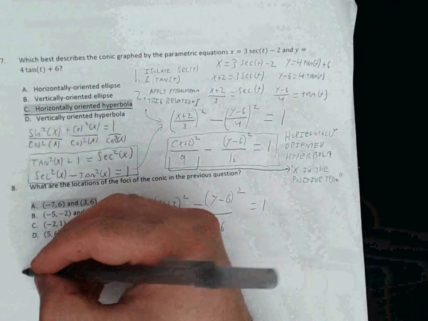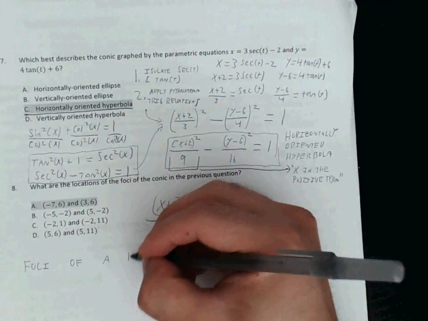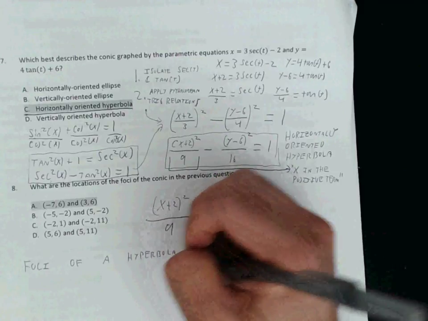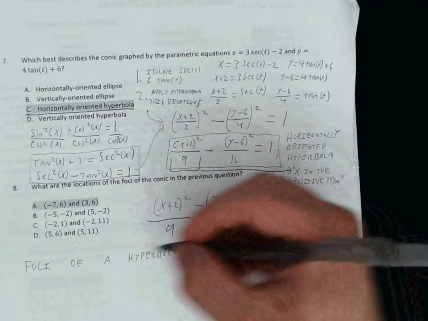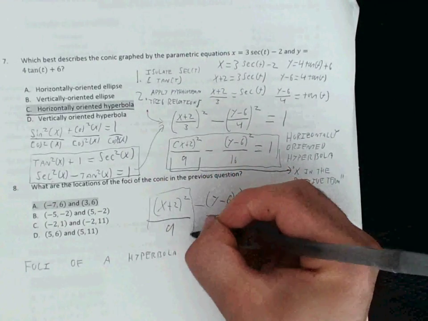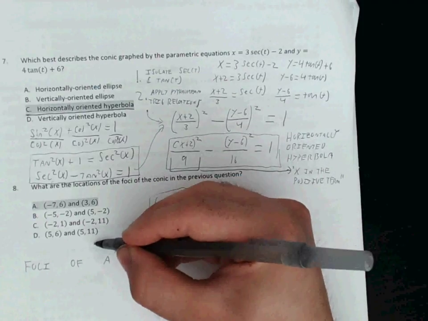Now, the foci of a hyperbola are going to be, and this is not just any hyperbola, because the x term is positive, we can say that it's a horizontal hyperbola.